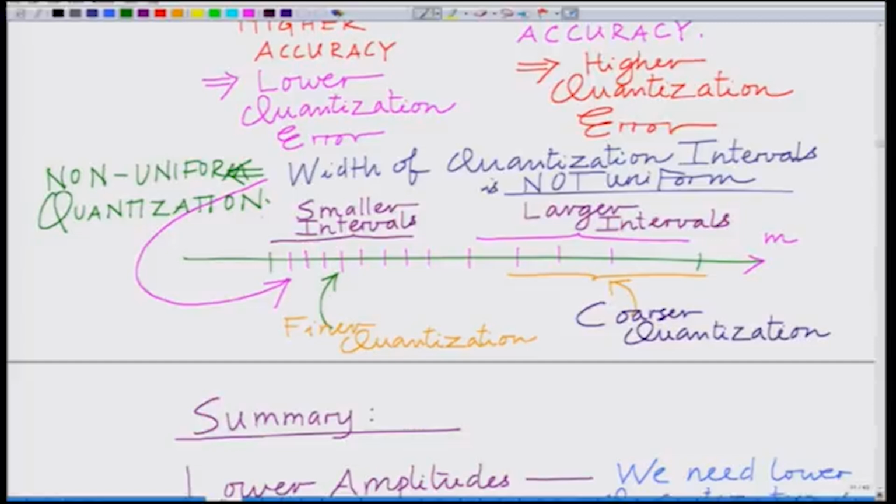This is non-uniform quantization. Naturally, we said that the quantization intervals in the lower amplitude region need to be finer, they need to have low widths, alright, and the quantization intervals in the large amplitude region need to have larger widths, alright, coarse quantization. So we need non-uniform quantization, and companding is a way to achieve this non-uniform quantization.